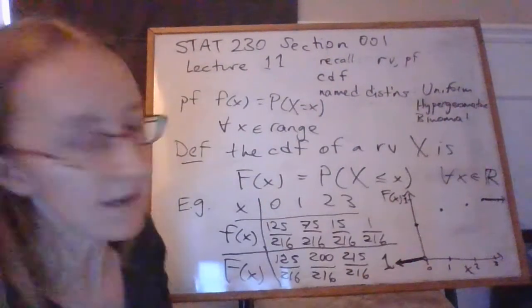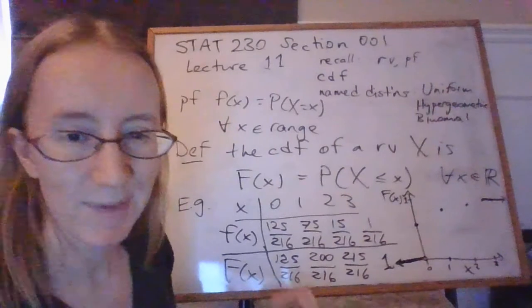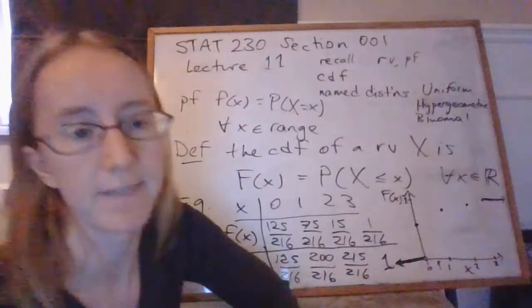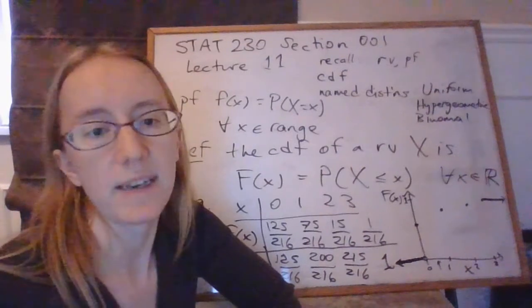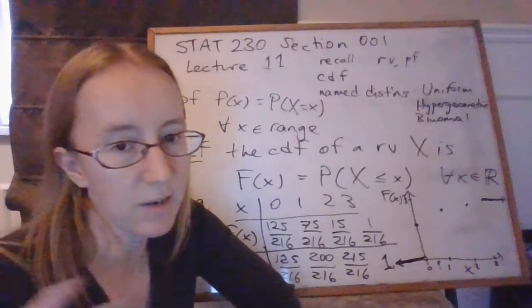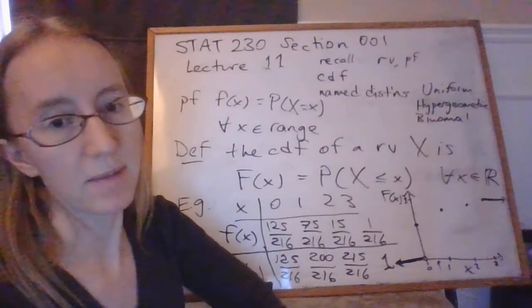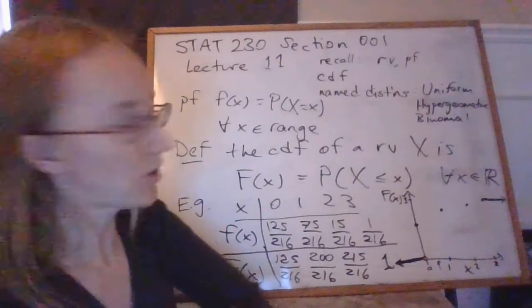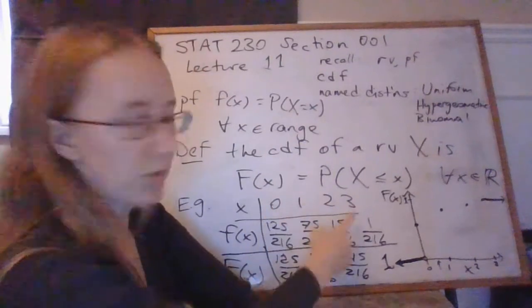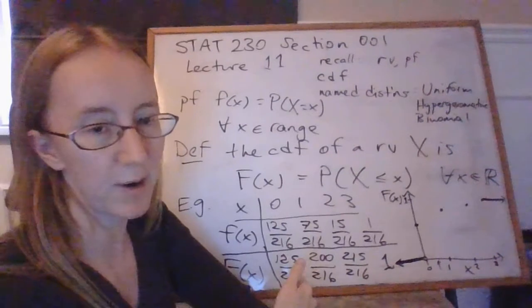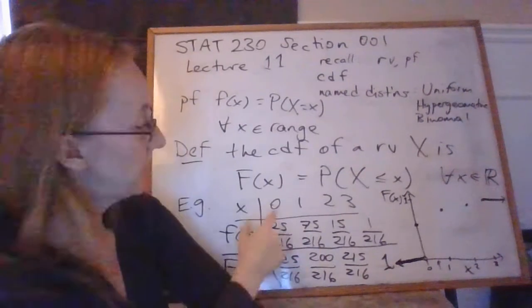And then what happens in between these other values? Well, let's think about it logically. Let's imagine we want the value at 0.5. What's the probability of getting less than or equal to 0.5 for this random variable? So we know it can be 0, 1, 2, or 3. If we want something that's less than or equal to 0.5, the only option is 0.